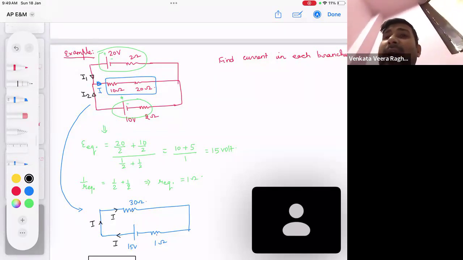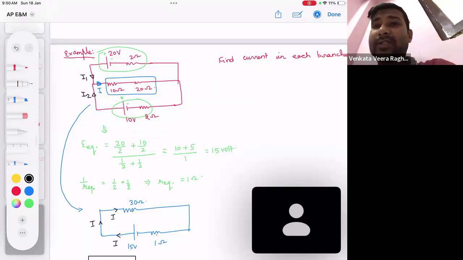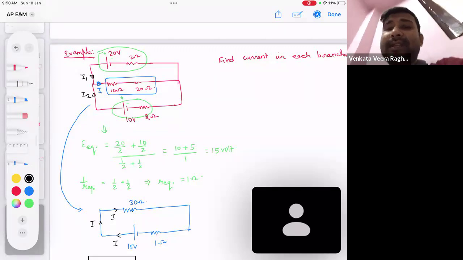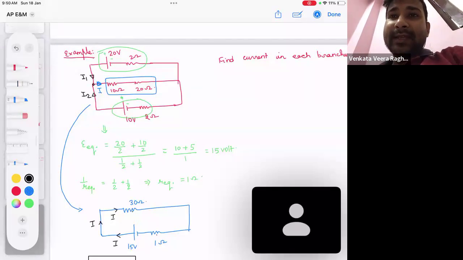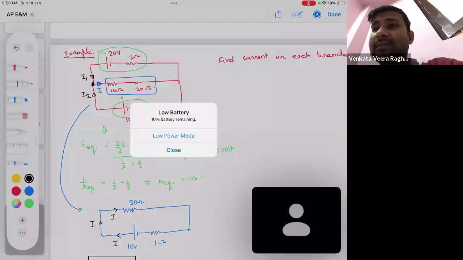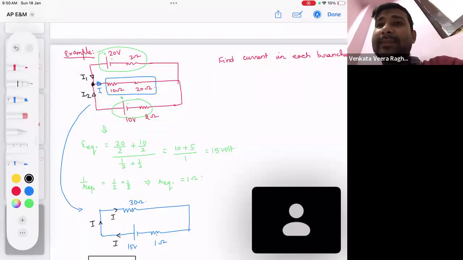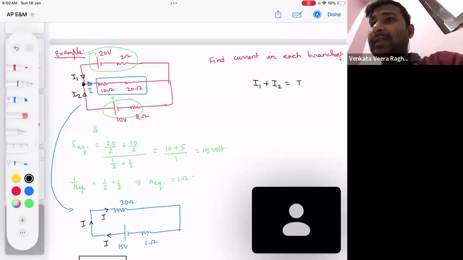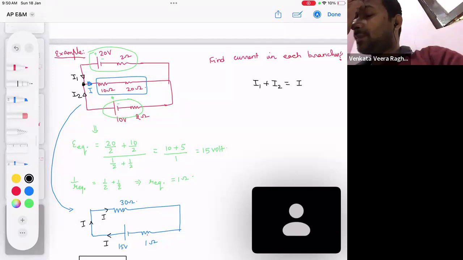Please tell me. Now, I have calculated the current in the question, isn't it? Can I apply a junction law here? If I apply the junction law here, what will I get?